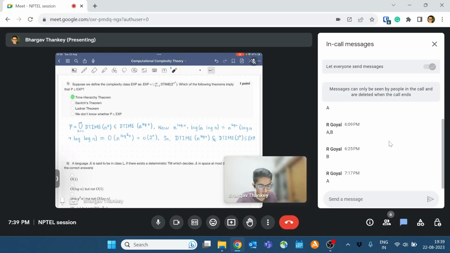And what is this? Is this n to the log n times log n plus log n? But this quantity is clearly less than n to the log n, right? Again, by log square I only mean that.